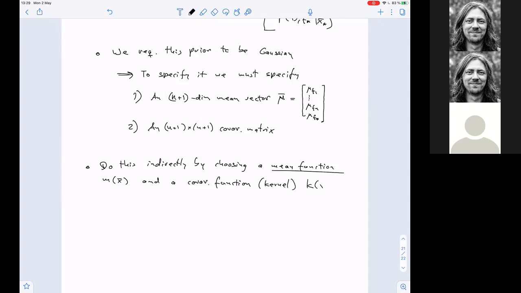So we use k, and being a covariance, it has to have two inputs. So just use x and x prime as two different input ones.